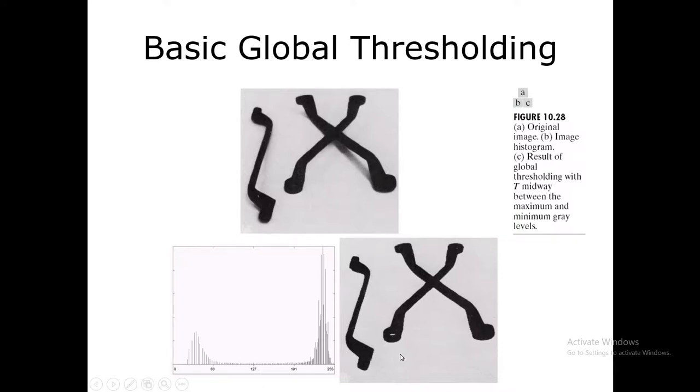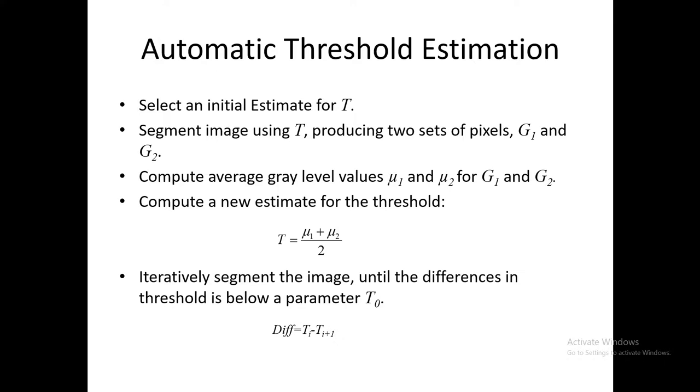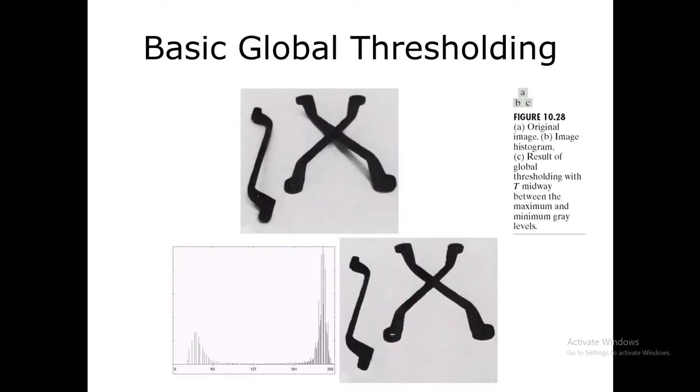We can find that the background and object regions are clearly separated, and even the shadow in the original image is removed. So this is our original image and this is the segmented image.